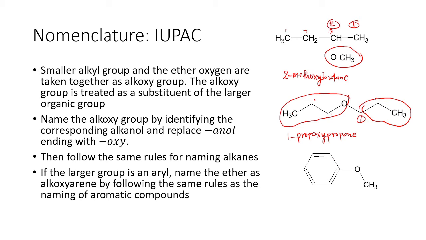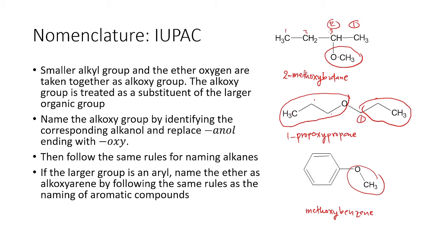And for this one, we have here an aryl compound. So this is a benzene. So that is the larger group. So this will be our substituent. So it just means that we will have methoxybenzene. Okay? So bakit hindi ko nilagay yung number niya?